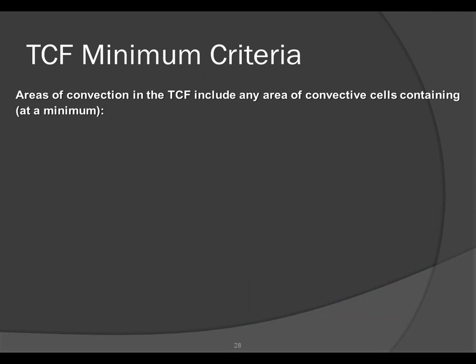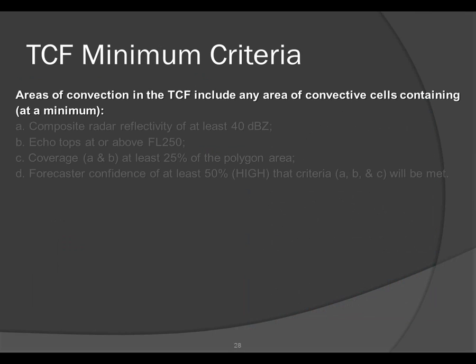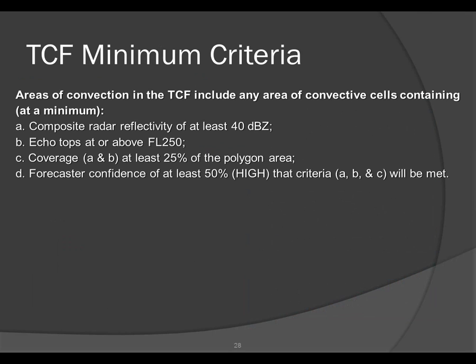There is a minimum criteria for an area of convection to be included in the TCF. You must have composite radar reflectivity of at least 40 dBz. The echo tops must be at or above flight level 25,000 feet, and the coverage of those two features must reach at least 25% of the polygon area.